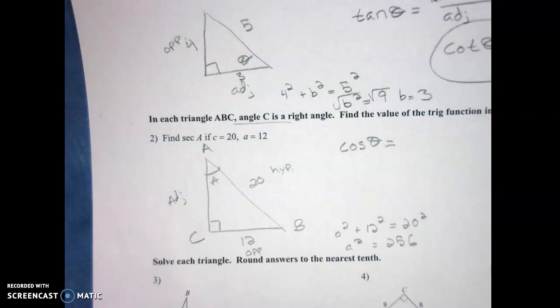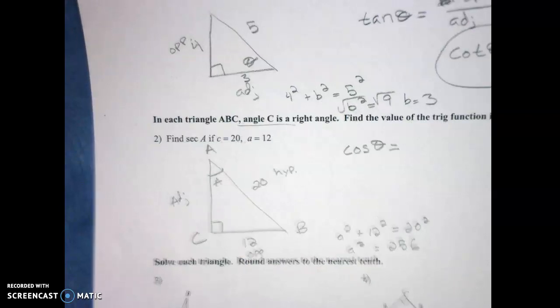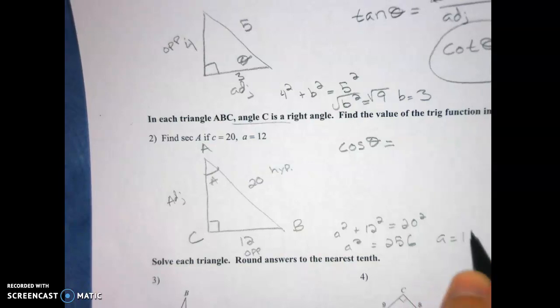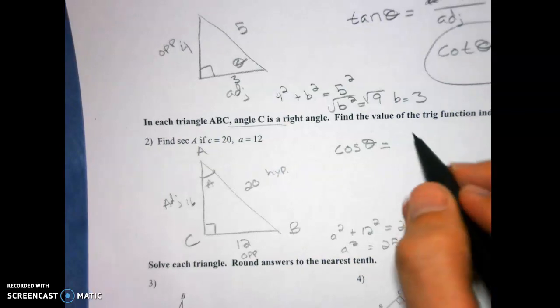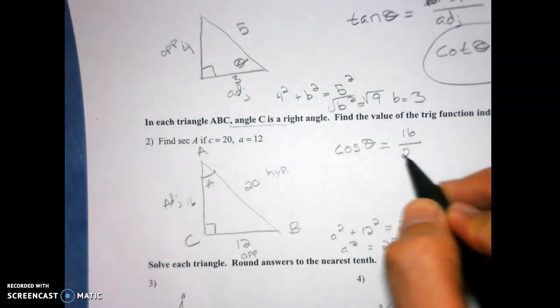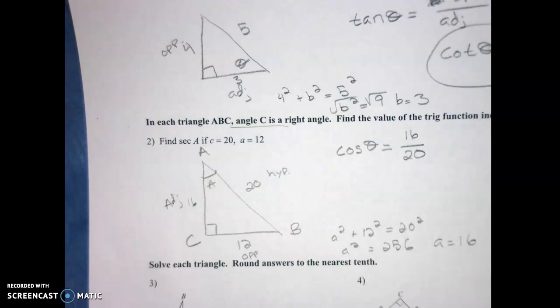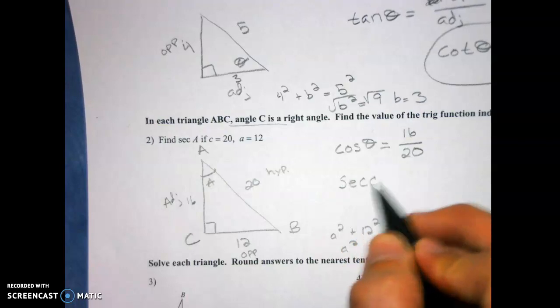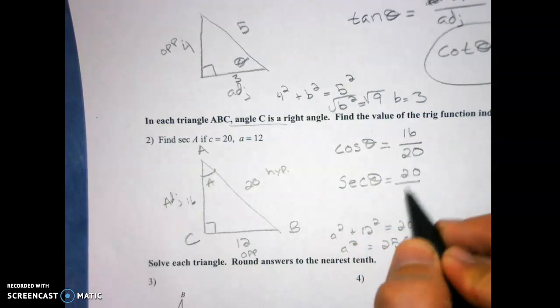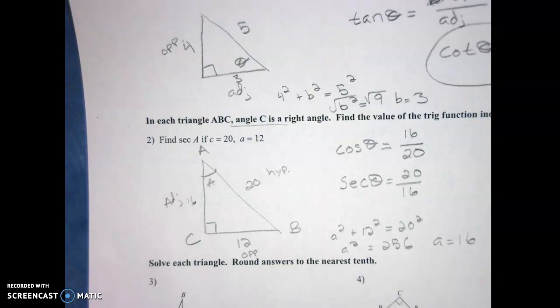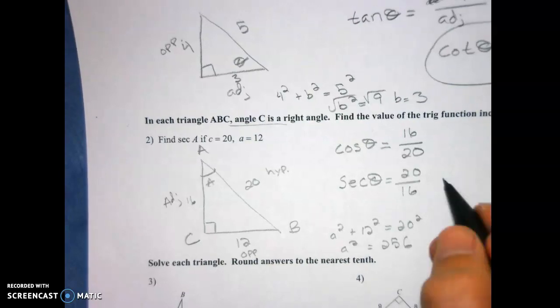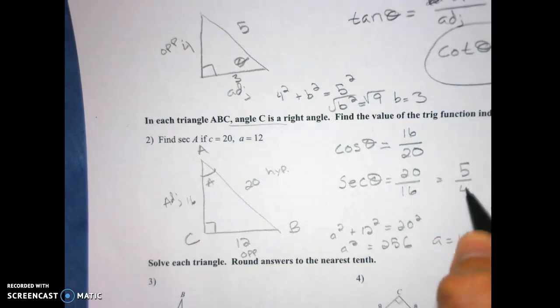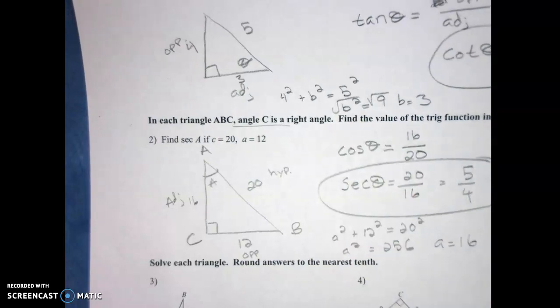So then we want to square root both sides. We get 16. Okay, so now I know the adjacent side is 16. So let's find cosine. Adjacent over hypotenuse. Okay, awesome. Secant is just the reciprocal of that. So you're going to have secant of A is equal to 20 over 16. Okay, which reduces to 5/4. Boom. Done.